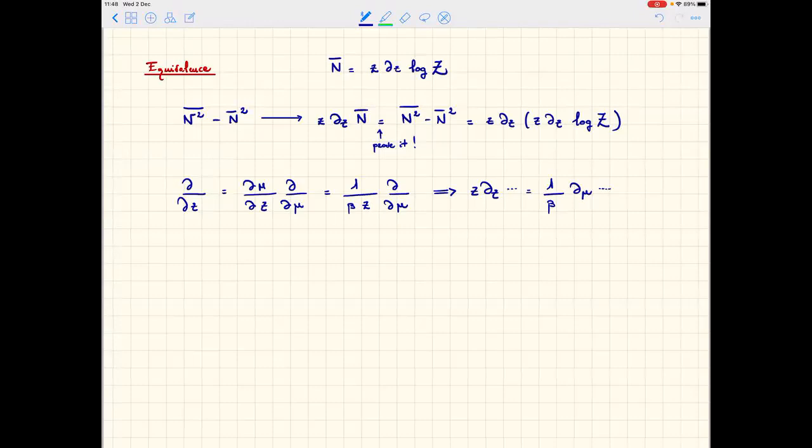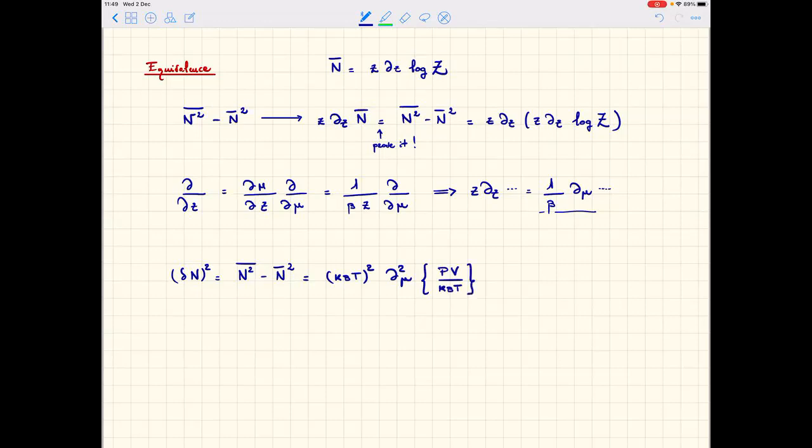Just changing variables. Therefore, what I wrote up here means that delta N squared, which is equal to n squared average minus n average squared, is equal to applying this twice to log of Z. In other words, it is kBT squared times the second derivative with respect to the chemical potential of log of Z. But log of Z is PV over kBT, right?